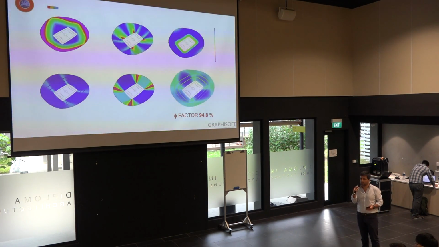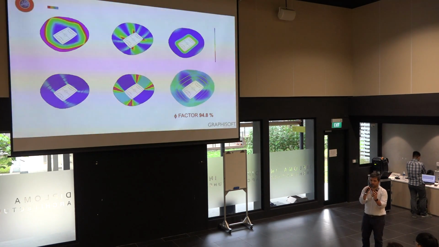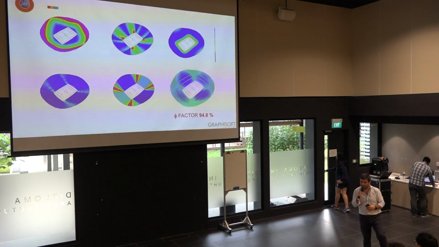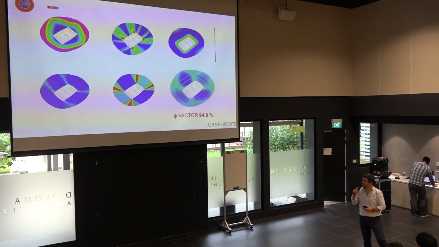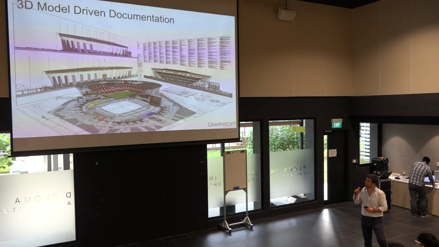This means that only a few seats don't have the maximum or the full view of the stadium. By checking different designs, different orientations, different angles, they could show how the quality of the view was.